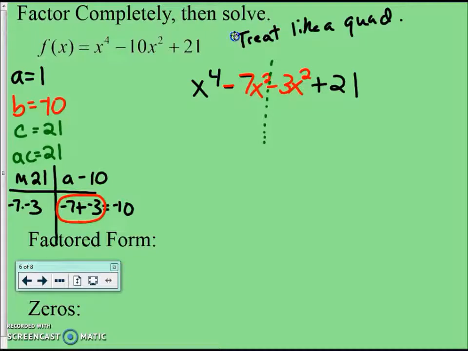On the left-hand side, you have x squared in common. Factor that out. x squared times x squared gives us x to the fourth, and x squared times negative 7 gives us negative 7x squared. Again, we'd anticipate x squared minus 7 in parentheses over here. That's what we would expect.